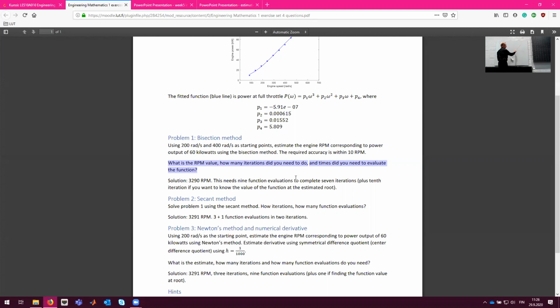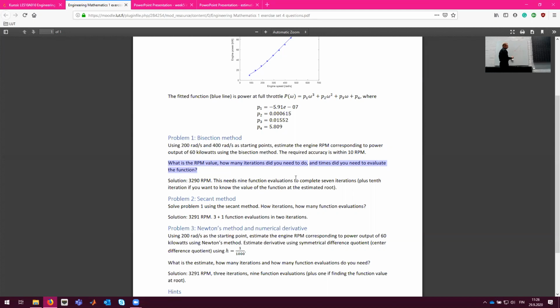Then we need to estimate how much this value changes. So the first step, we have a huge jump, probably a high amount of error, but then we should get closer and closer with each step. So this jump is already smaller, and this jump is really small over here.